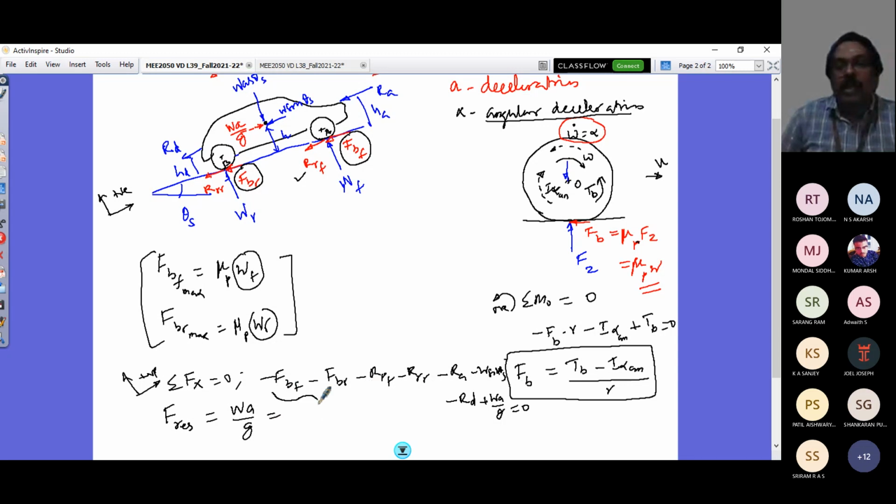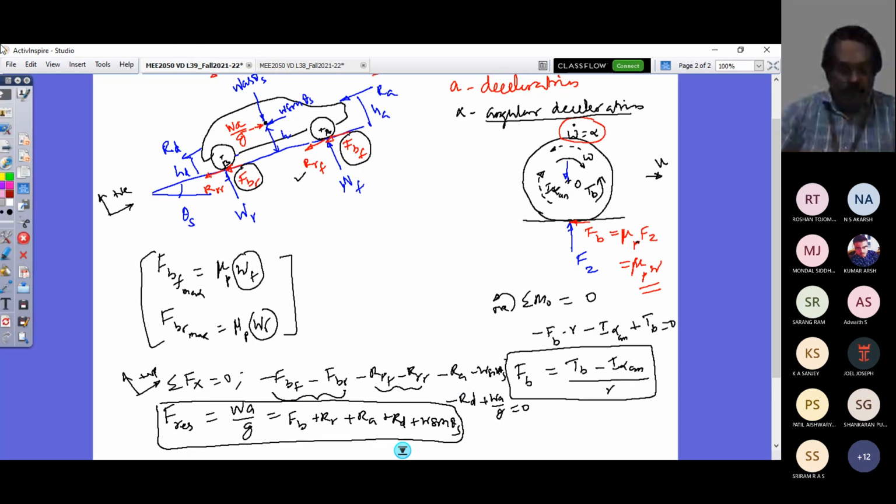These two together I will call FB, braking force in both axles summed, and these two together I will call rolling resistance force, RR, and RA plus RD plus W sine theta S is my resultant force here.